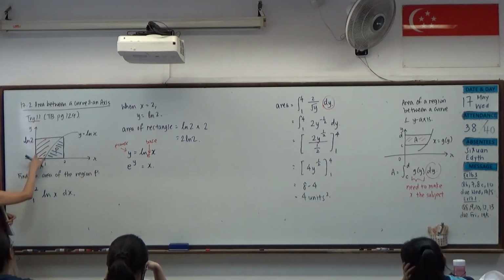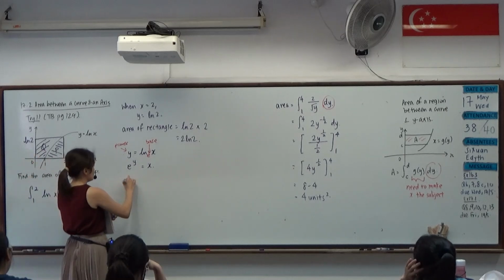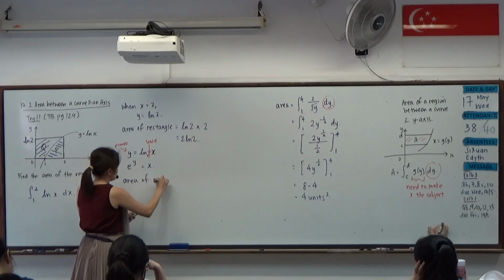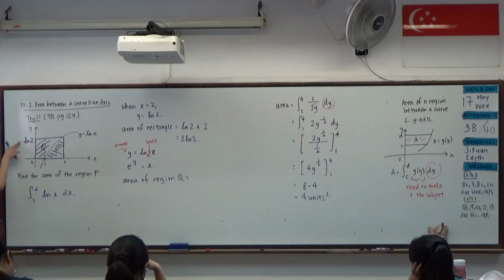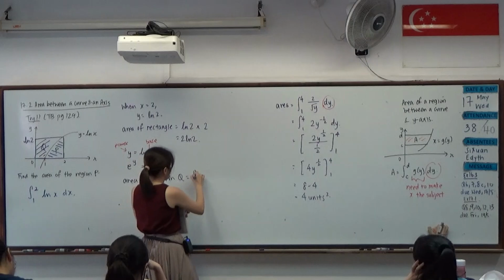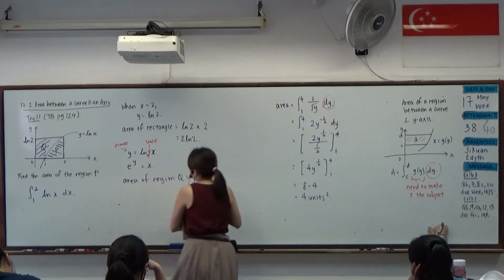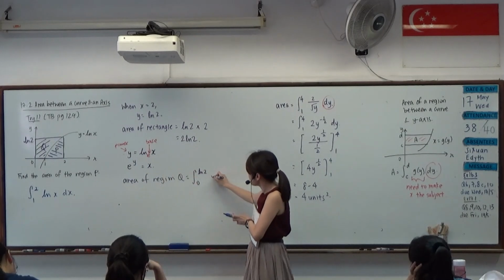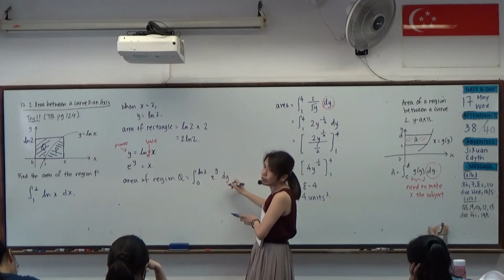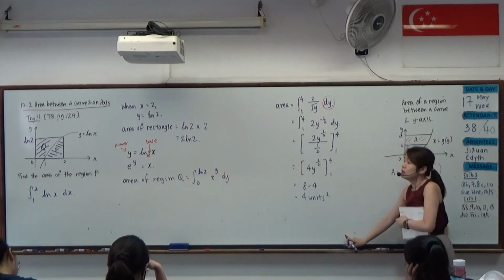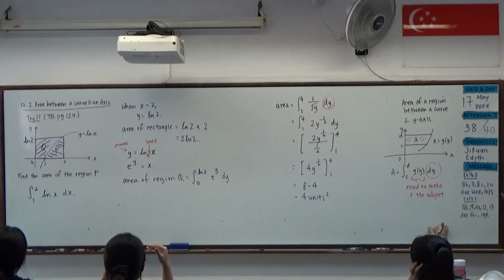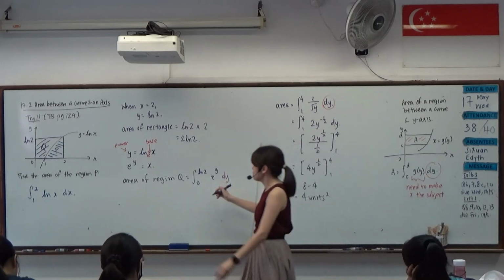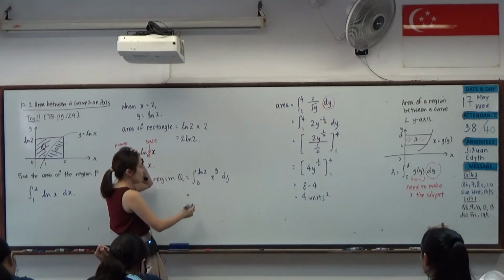So to find out what is this region, let's just call it Q. That will be to integrate from 0 to ln 2 the function e to the power of y with respect to y. Because we're going towards the y-axis, it's always with respect to y, so our function must be in terms of y. We know how to integrate e to the power of y.